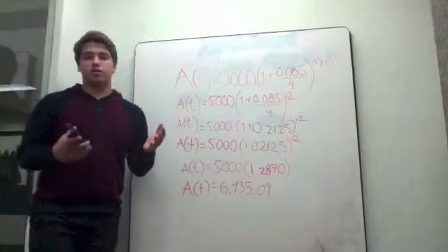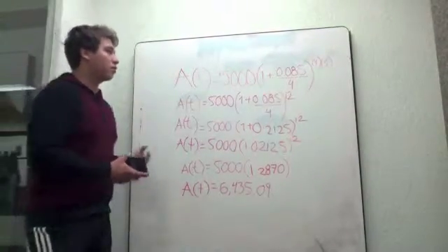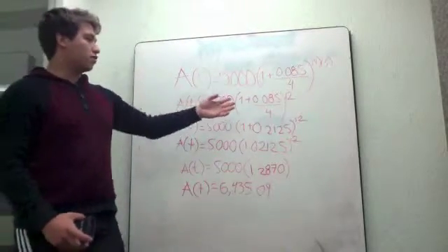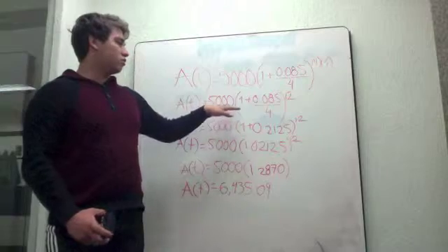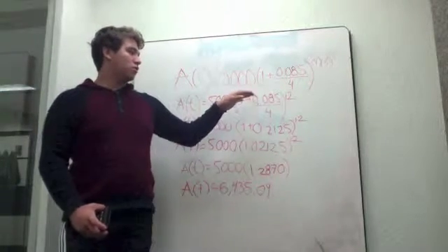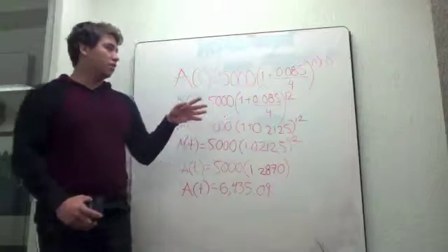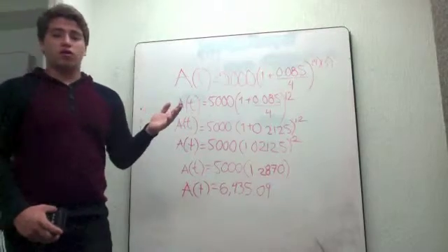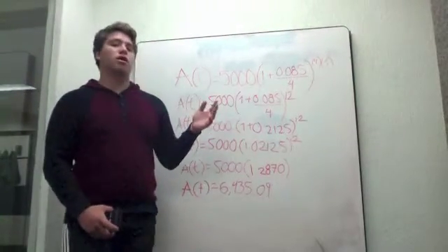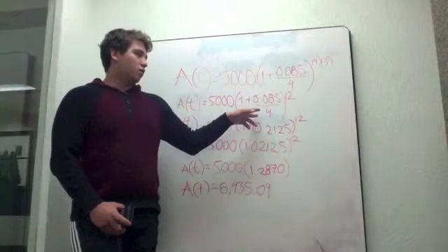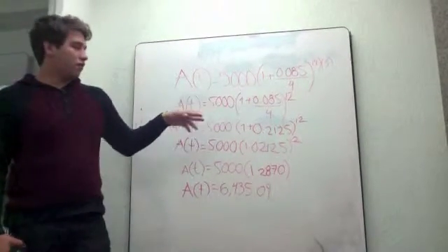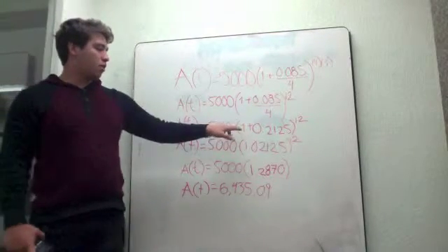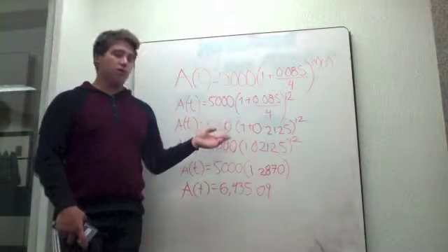So what we do is solve the equation with the data that is given. First, we solve the 4 times 3 and we have 5,000 times (1 plus 0.085 over 4) to the 12th power. Then we solve the division of 0.085 over 4, and the result we got is 0.02125.